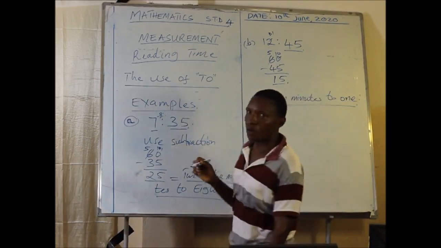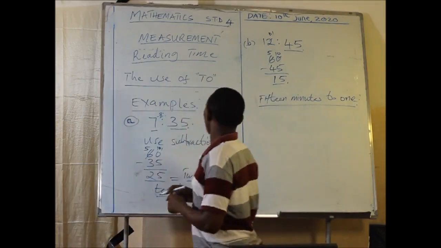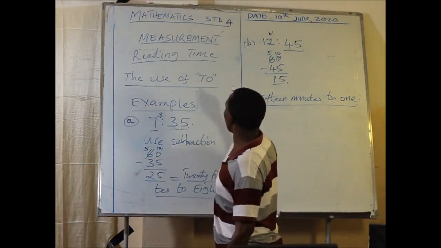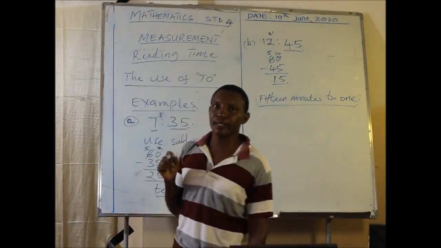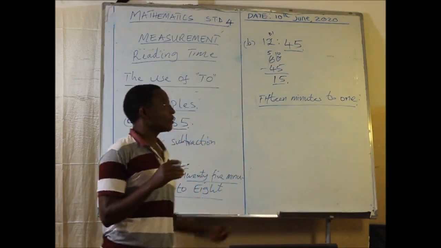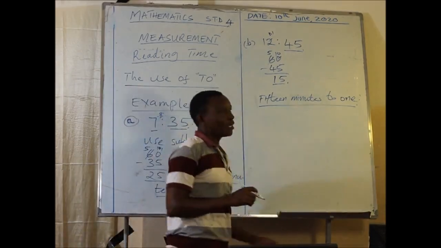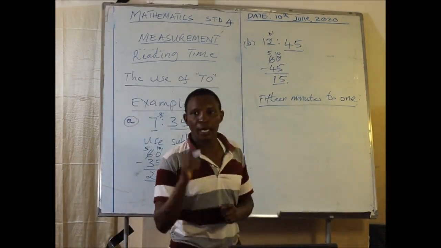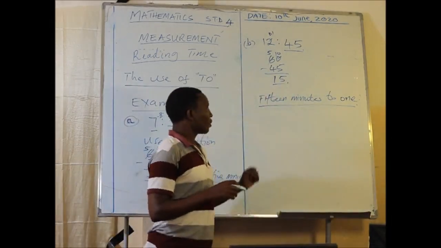But you have to consider that 1 hour has 60 minutes. When you convert it into a fraction, when it reaches 15 minutes, it means a quarter of an hour. So we also have to know that concept.